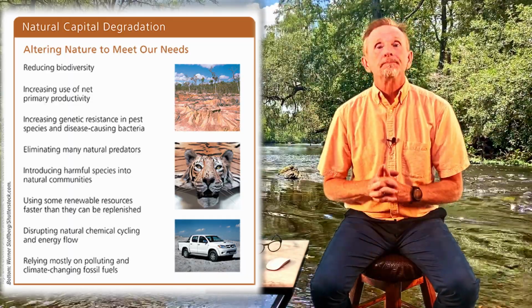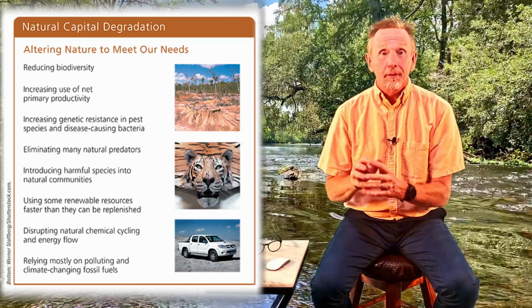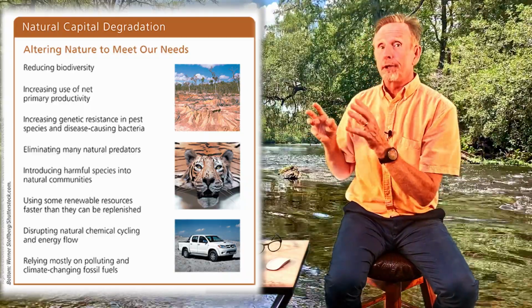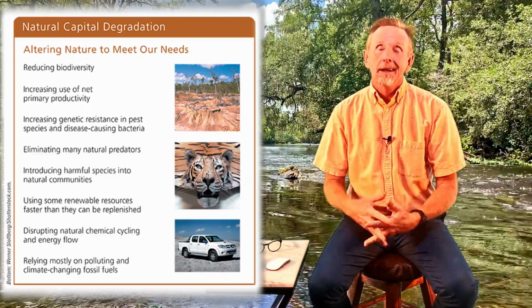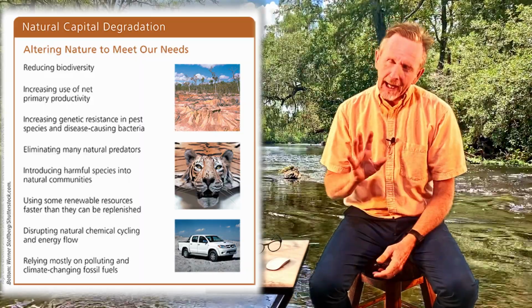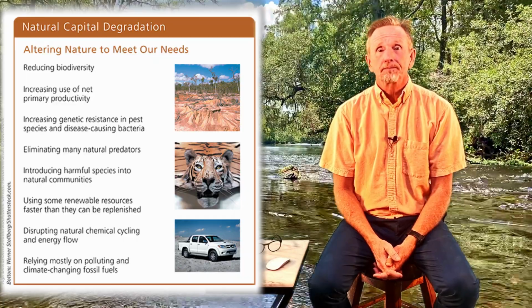We've reduced biodiversity. Anytime we've turned a set of woods into a neighborhood, a shopping center, a city, we've reduced the biodiversity. We've taken out habitats and changed it. So that's something that we have done and we're currently still doing.